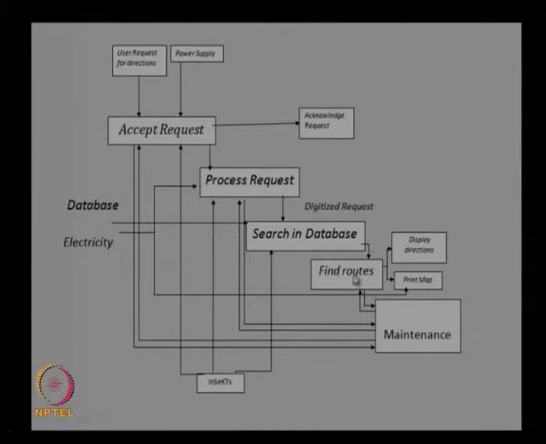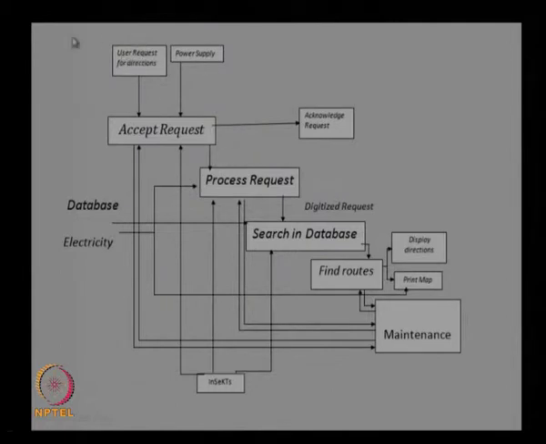These are the 4 main functions identified from the A0 function. Then you can see the type of interactions taking place between these functions, and the inputs coming to these functions as well as the outputs from them.